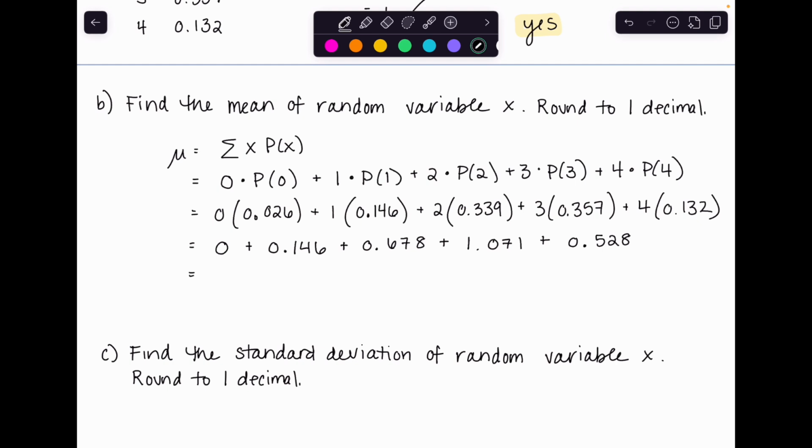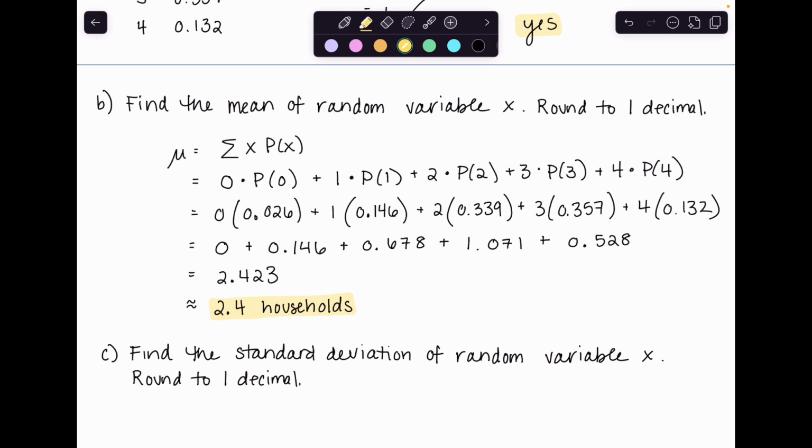Adding those together gives you 2.423. And then they want to round to 1 decimal place, so I need to look at the next number. 2 tells me I do not round up. So this is about 2.4 households. And again, this is that expected value, so you would expect around 2.4 households out of 4 to have a printer.